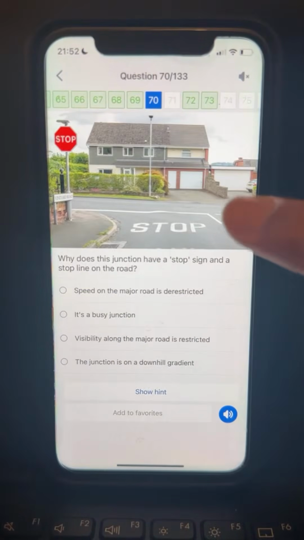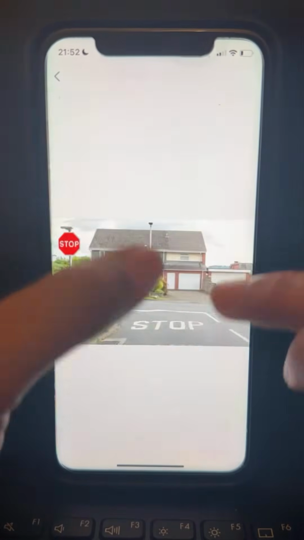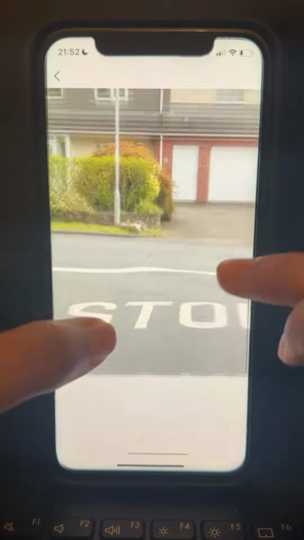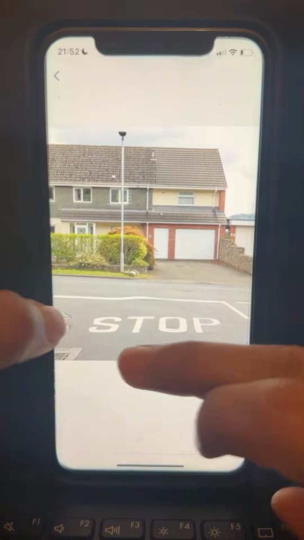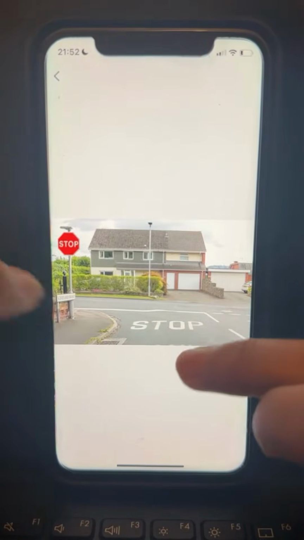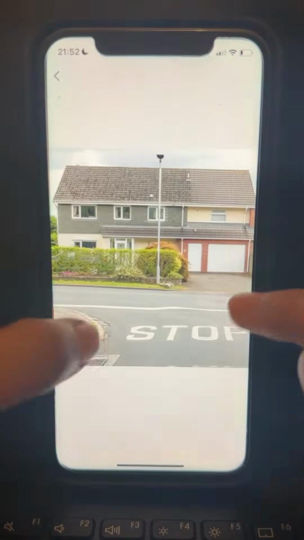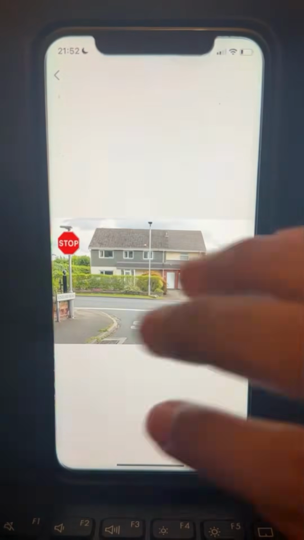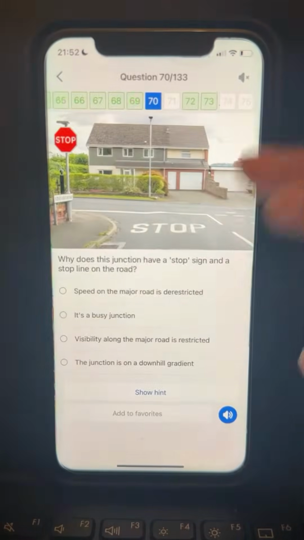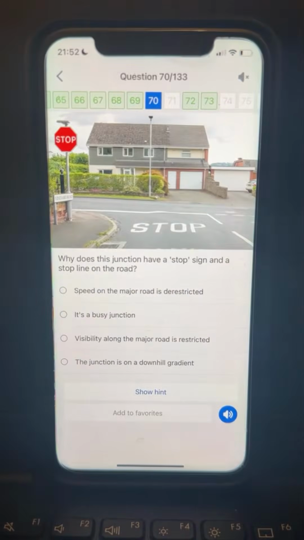Why does this junction have a stop sign? Why are we having a stop sign there, a stop line, and the word stop being painted there as well? We have a stop line. It should be stopping. Why do you think they made that? Look, watch the road.